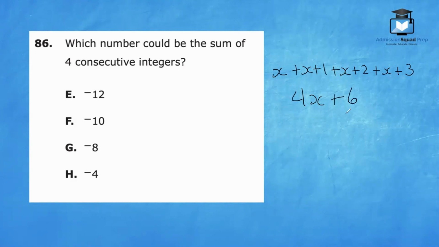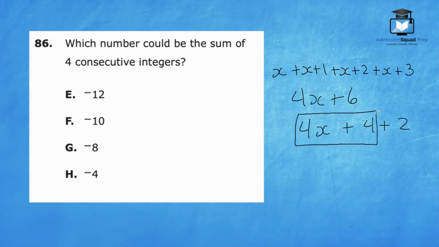If you take a look at the expression 4x plus 6, we can rewrite it as 4x plus 4 plus 2. This means that there's going to be a portion of the expression that is divisible by 4. That means 4 times x plus 1, and then you would still have to add 2 to that final number. In other words, the expression is not divisible by 4. It's going to be a number divisible by 4 plus 2.